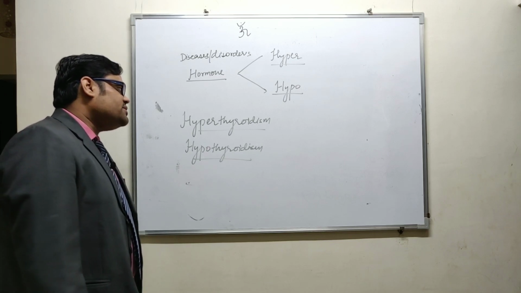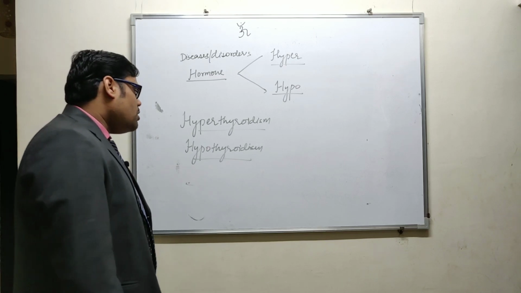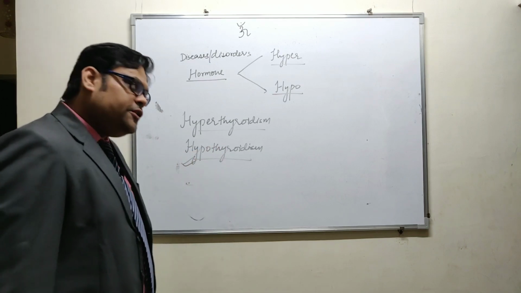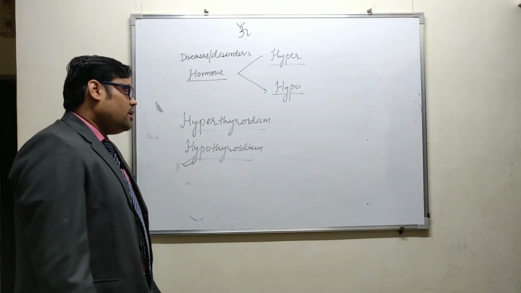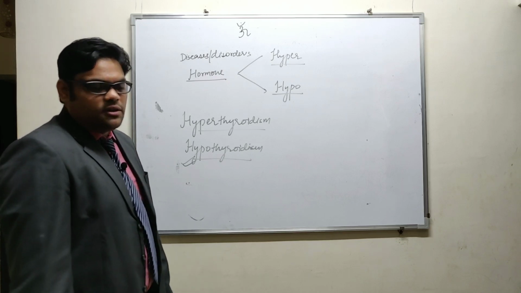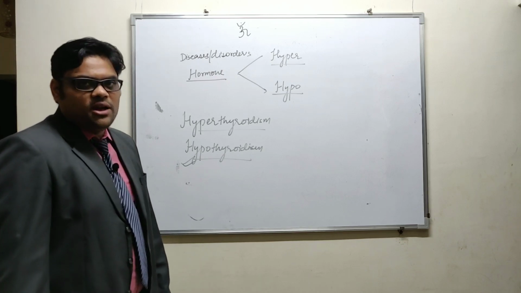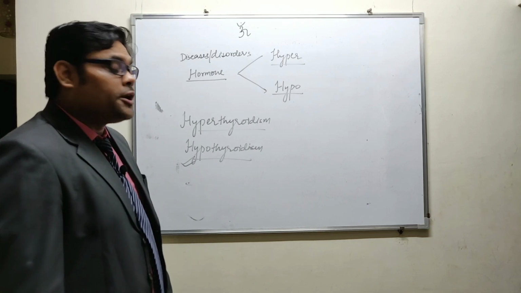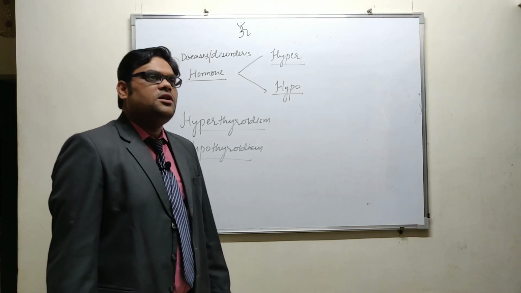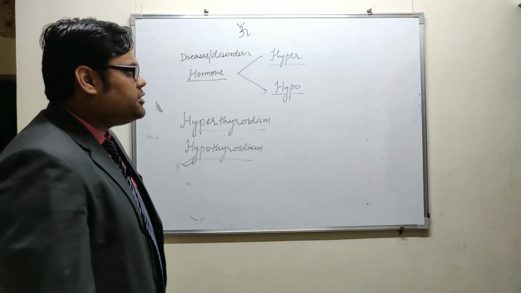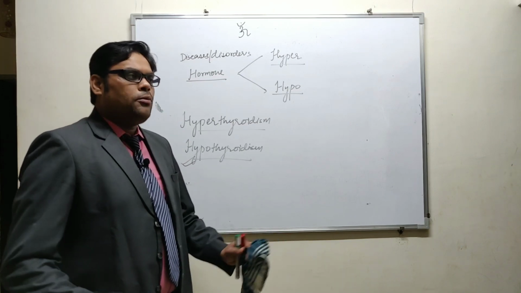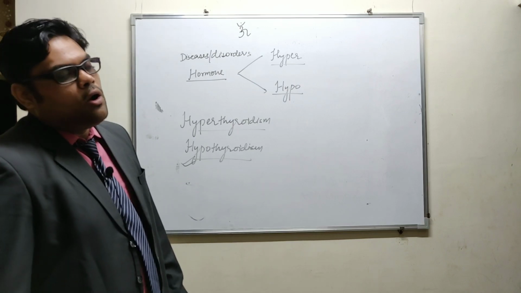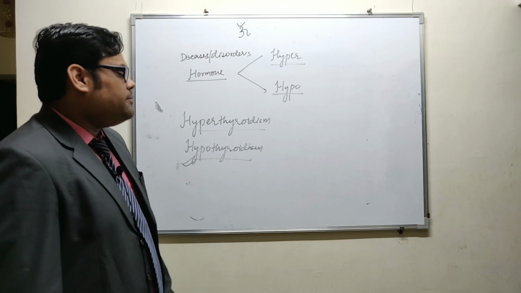Hypothyroidism is the deficient or inadequate secretion of thyroxine in the blood, which leads to myxedema in adults and cretinism in children. Cretinism and myxedema show almost the same symptoms.